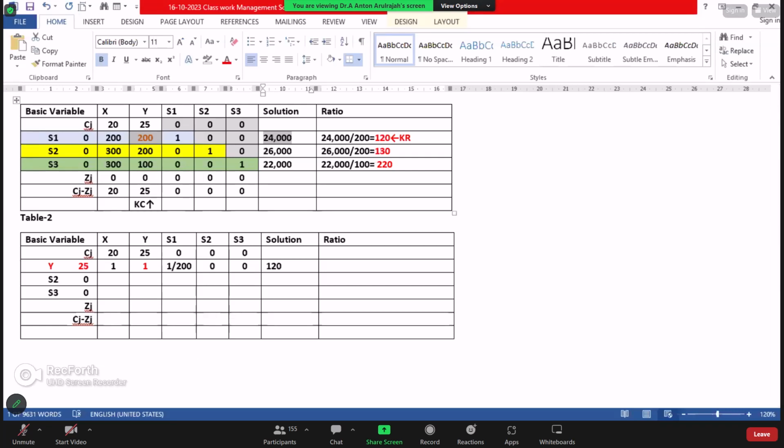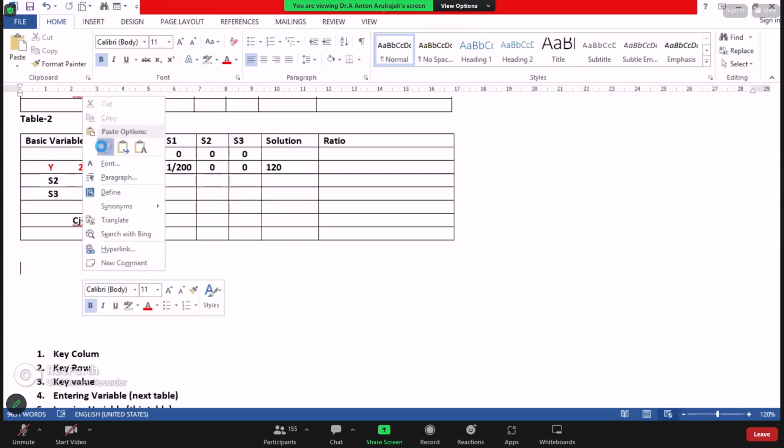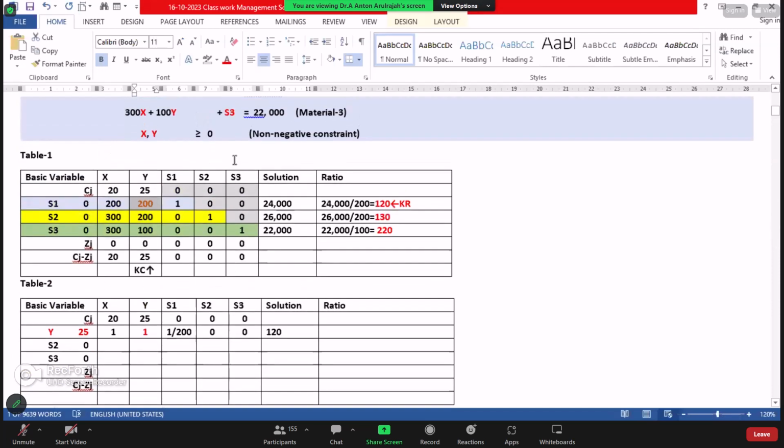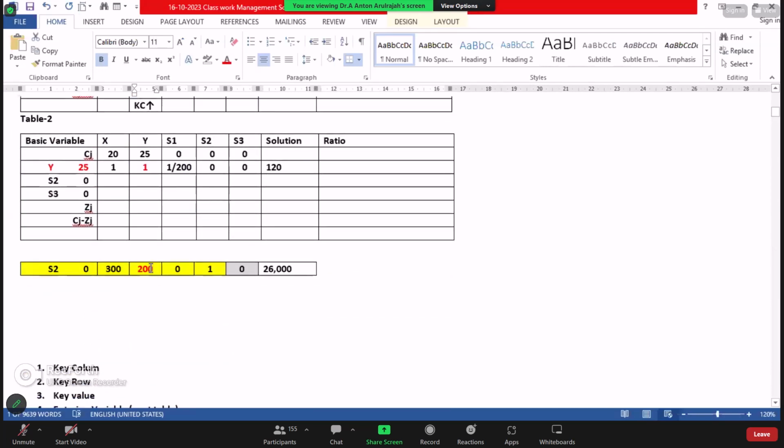Then after that, we have to make this 200 a 0. Where this 200 appears, it should be 0 in the new table. So for that, we have to do some calculations.